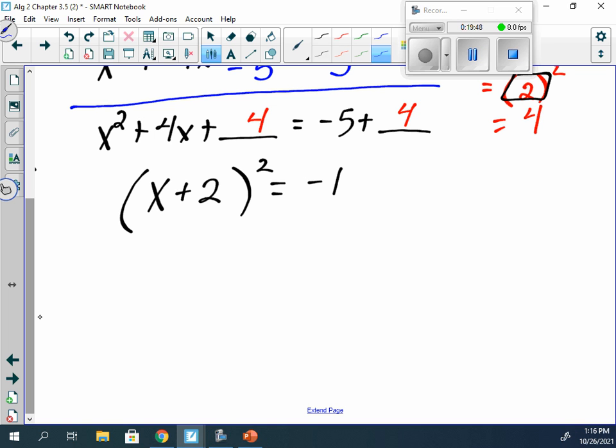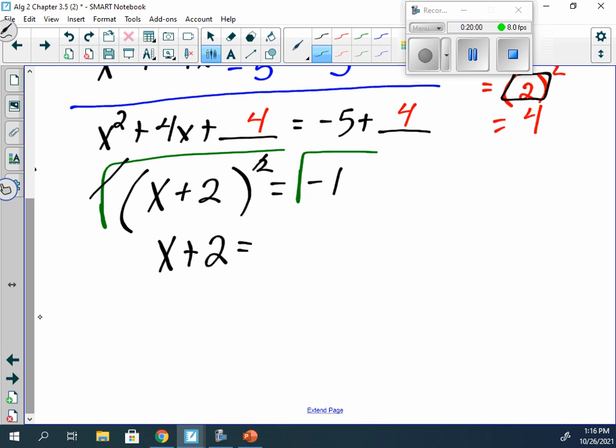What do we do next? Square root both sides. Now the square root and square will cancel, leaving us with x plus 2 is equal to plus or minus. What is the square root of negative 1? Because by definition, the square root of negative 1 is i. i is the square root of negative 1.